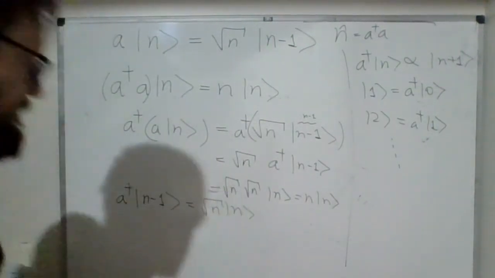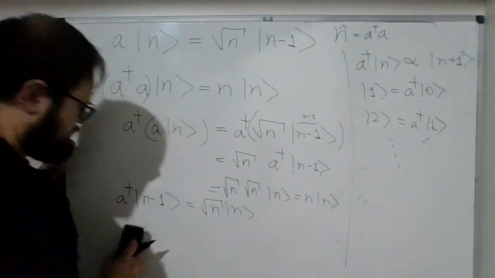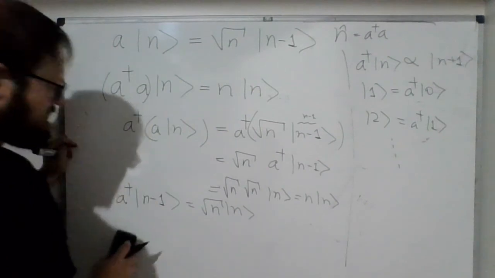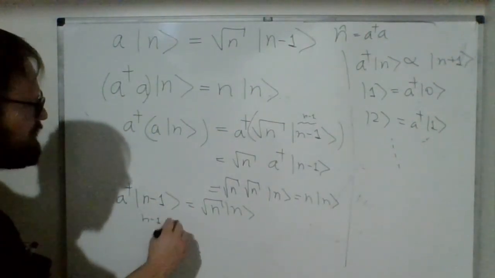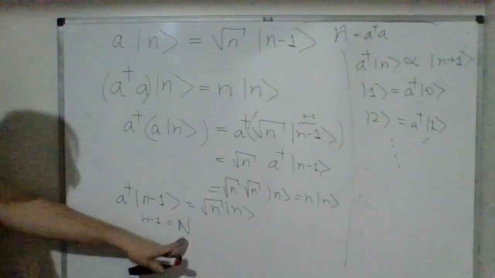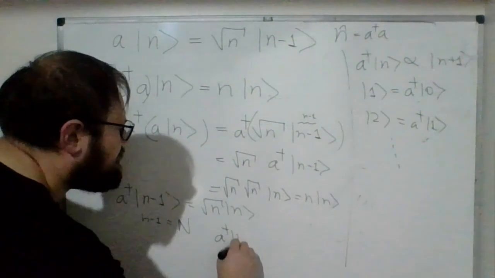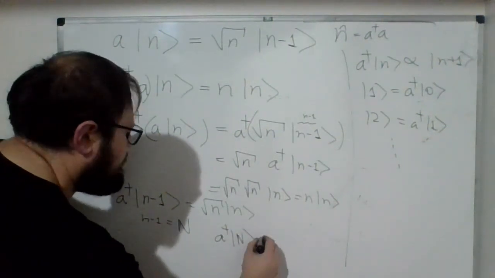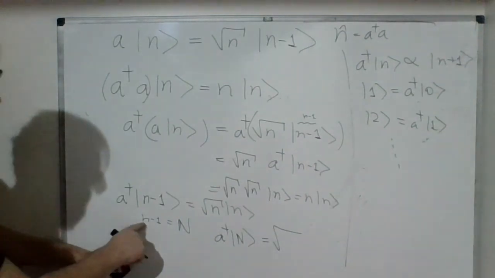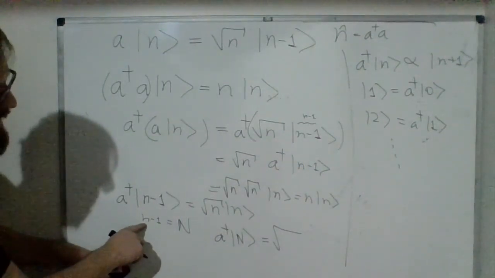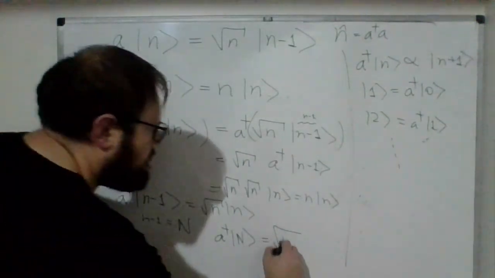This way, if you just consider n minus 1 equal to some capital N, A dagger applied to capital N is equal to the square root of n, which is capital N plus 1.